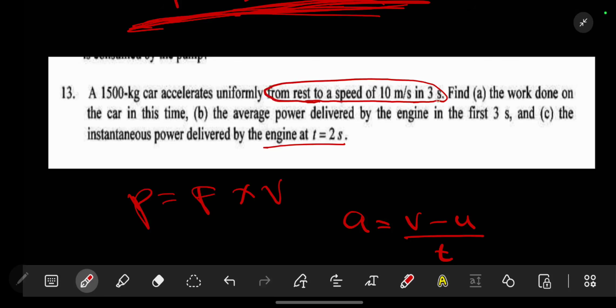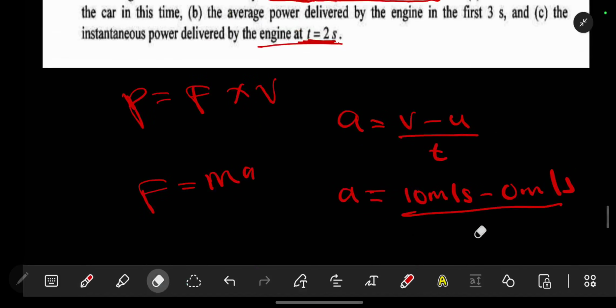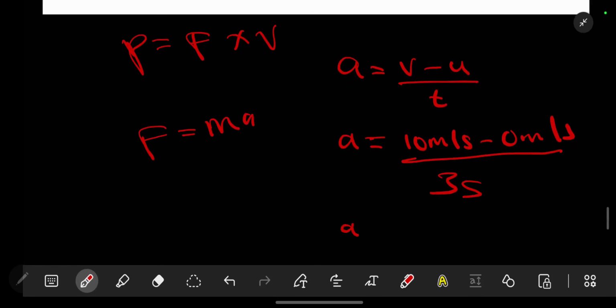So we are going to use 3, unless you knew how fast it was moving at the 2-second mark. So over our 3, not 2. So A is equal to 10 minus 0, which is 10, over 3, in meters per second squared. I avoid dividing to improve the accuracy of the answer. If you want, you can divide.